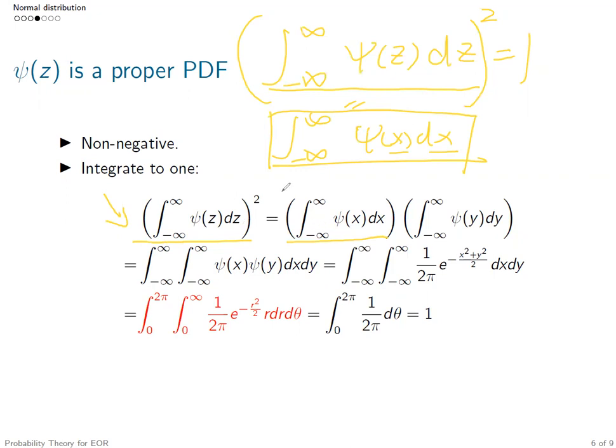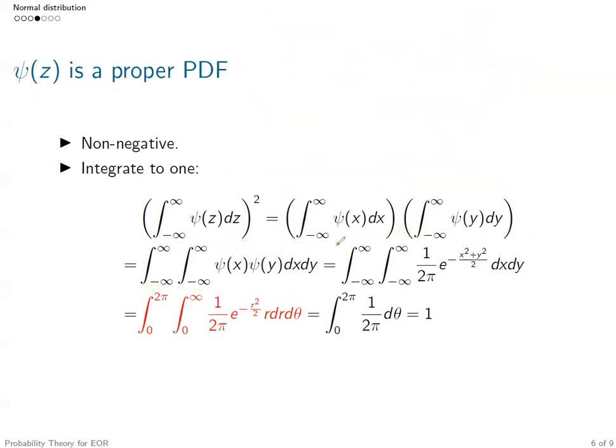So this value squared is equal to the product of the integral with respect to x times the integral with respect to y. Now we multiply them together. This step is a little bit tricky. We work with integration by substitution, and switch the problem to polar coordinates. From here, it's easy to see that the integral value is indeed equal to 1.